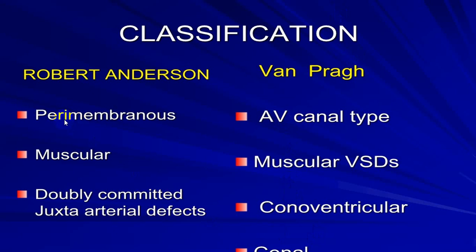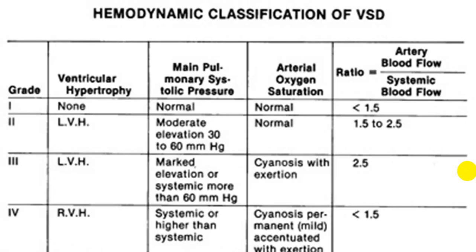This divides only into 3: perimembranous, muscular and juxta-arterial. So depending upon which classification you are using, accordingly. By and large they utilize grade 1, grade 2, grade 3, grade 4. This is the hemodynamic classification. Depending upon the size, you will have different gradings producing hemodynamic changes.